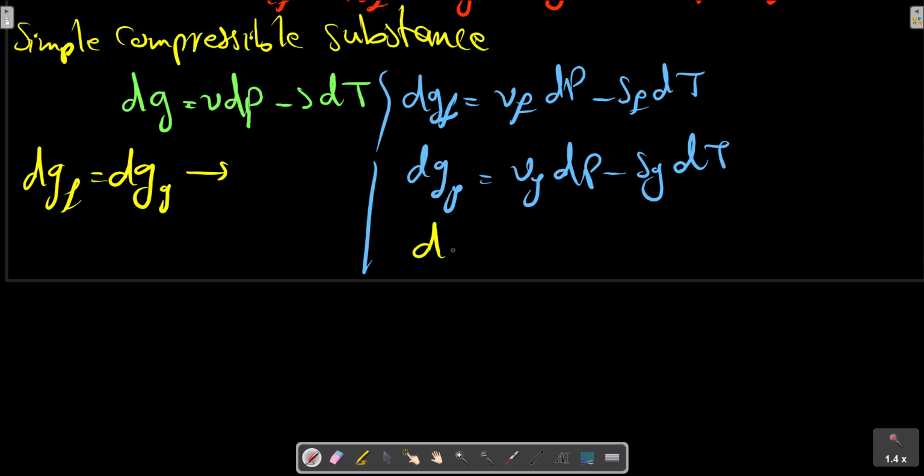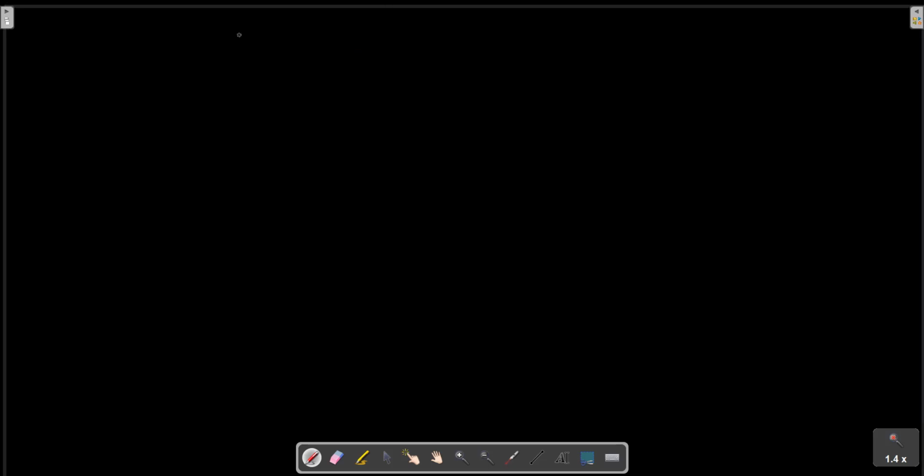Since we have gf equal to gg, we can equate dGf and dGg.